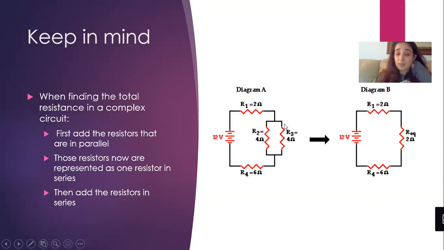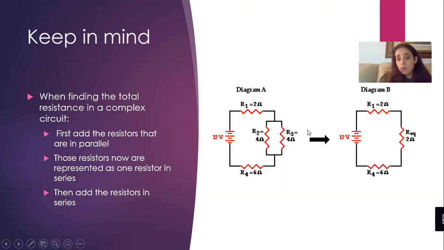When you have something like this, and you're asked to find the total resistance in the circuit, you have to first add the two resistors that are in parallel. Please make sure to add this into your notes so you can refer to it as we go along. You're going to use this plenty of times today.